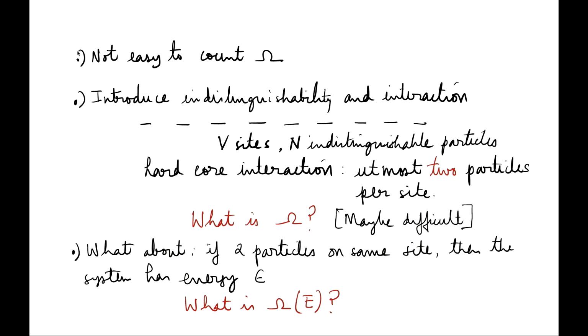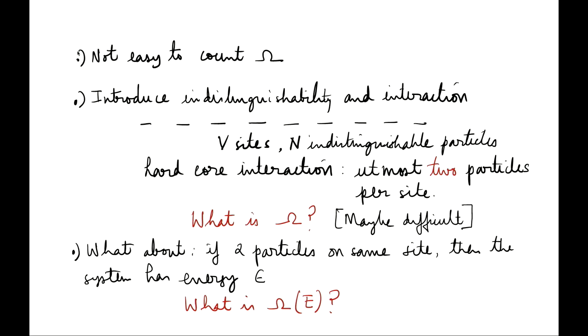So now I have a system which has a finite interaction, some hardcore repulsion because I allow only 2 particles per site, and the particles are indistinguishable. Can I compute my equation of state and energy dependence on temperature?